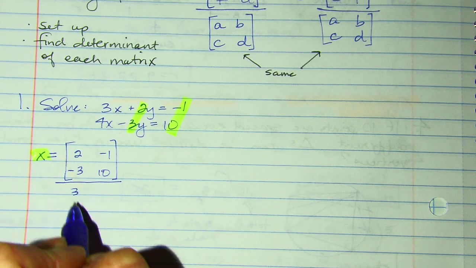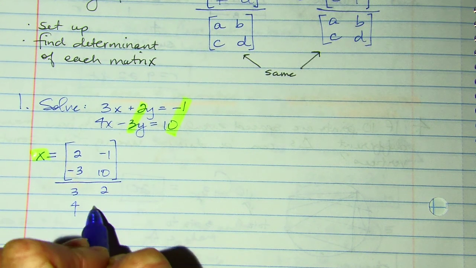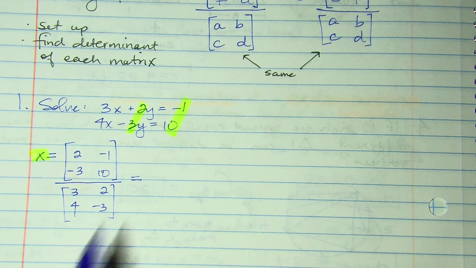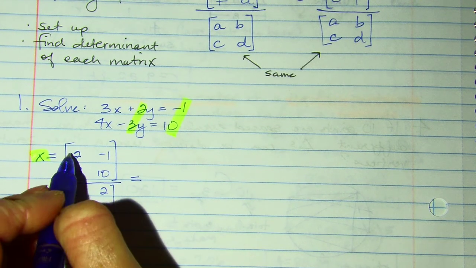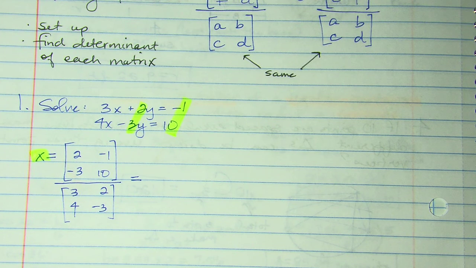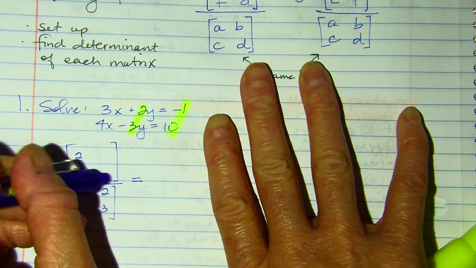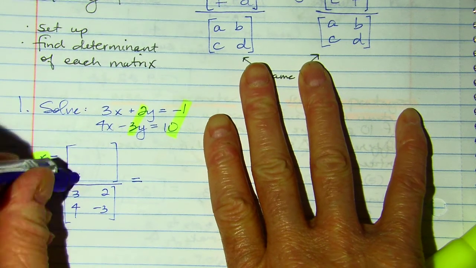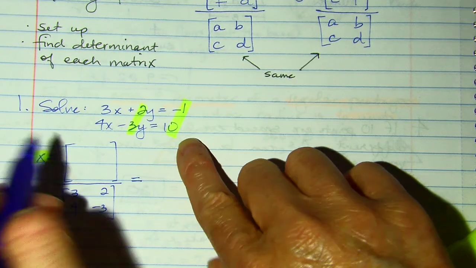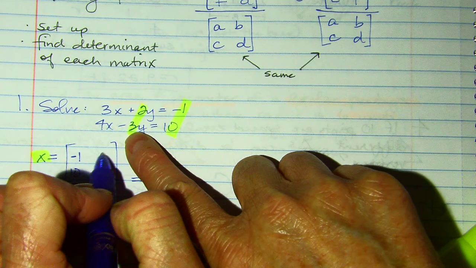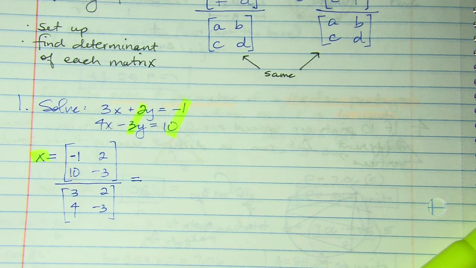So 3, 4, 2, -3. And then I'm going to find the determinant of each one. I set the top up backwards. The top should be the constants on the right, and then the coefficients in front of y. My bad.